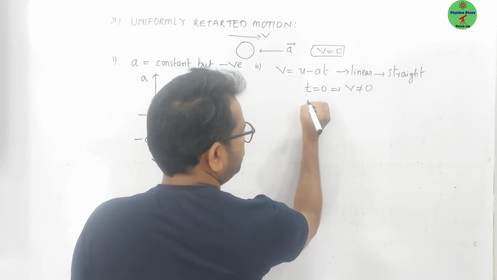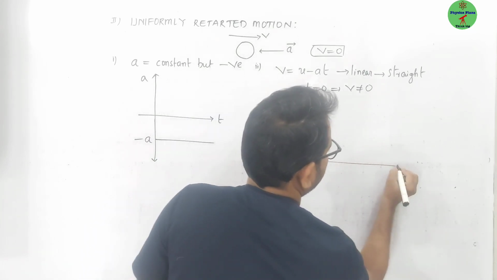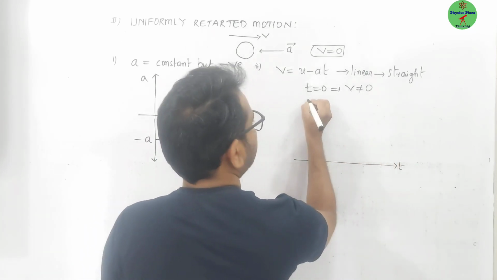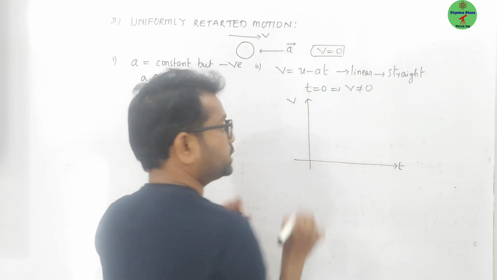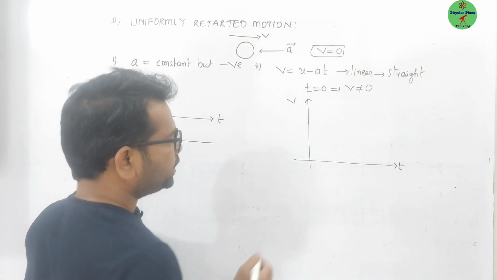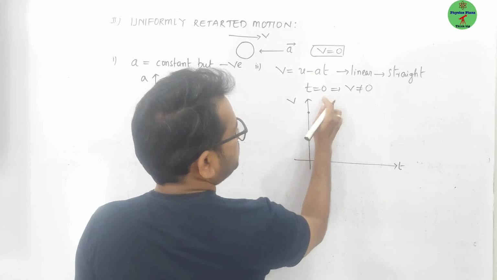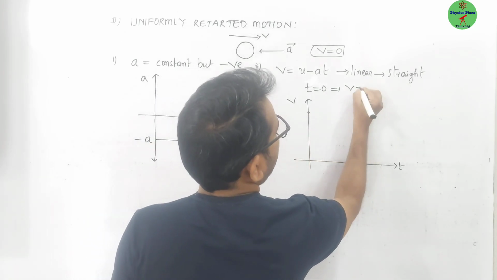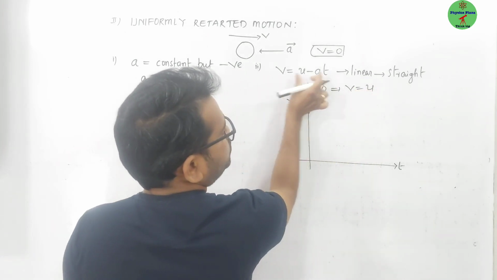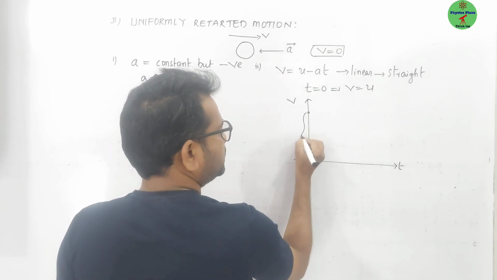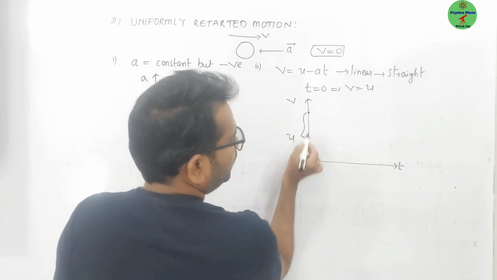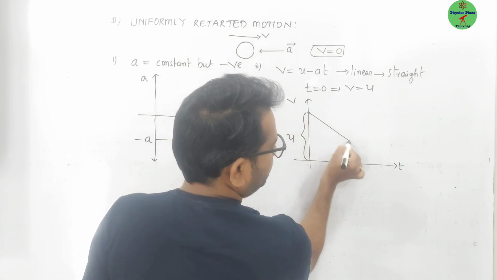And how is the graph going to be, children? Look here. This is time and here is velocity. It has some value at t is equal to 0, so v is going to be u. So v is equal to u means it has some initial value, and it keeps on decreasing.